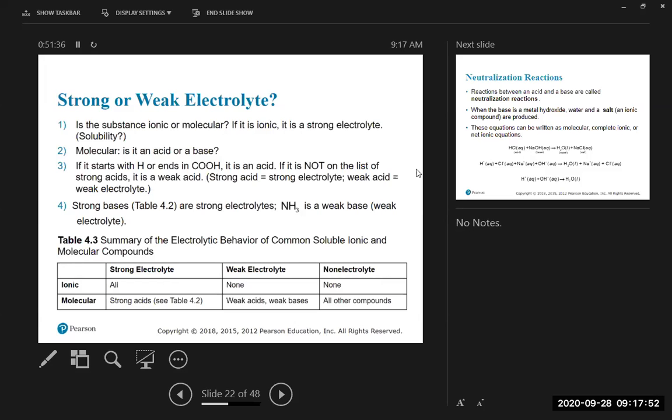And if it's not on the list of strong acids, then it's a weak acid. Same idea with bases. Bases often have that hydroxide on it somewhere, the OH group. There are some exceptions to that, like ammonia. But the strong bases, we have that list there. So we want to learn some of those strong bases. And if it's a strong base, it's going to be a strong electrolyte because those strong bases dissociate the whole way.